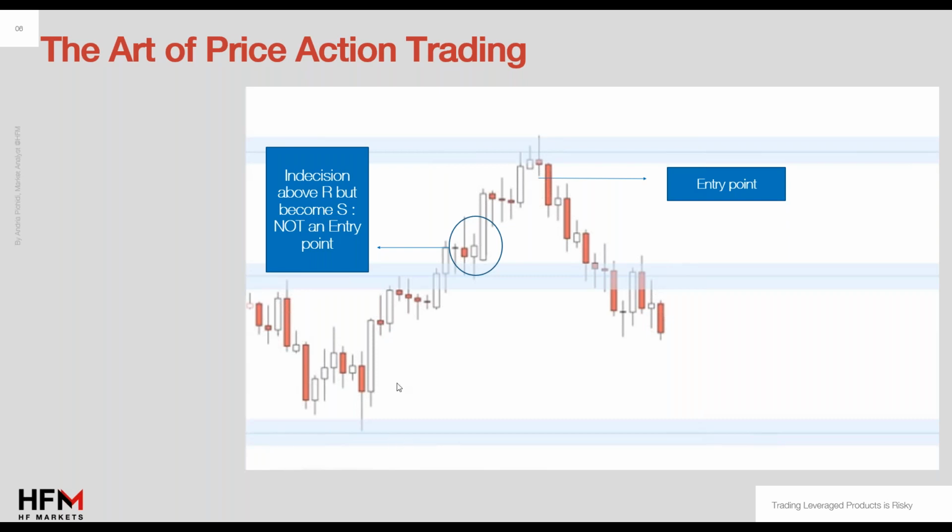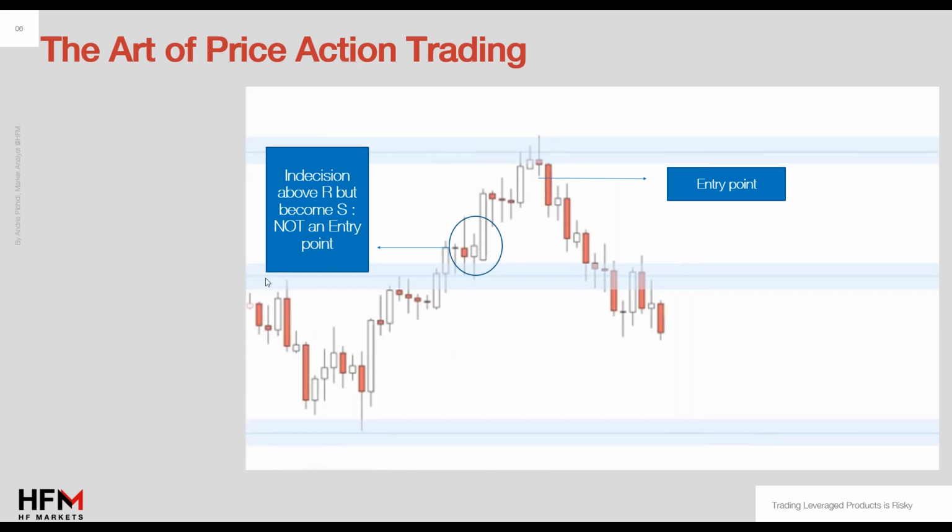So we have a support and resistance level. If we miss trading on this indecision at support opportunity, it doesn't mean that we cannot keep monitoring the asset for potential opportunities to trade.